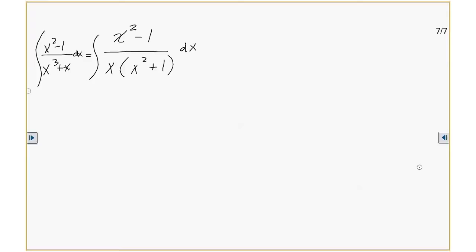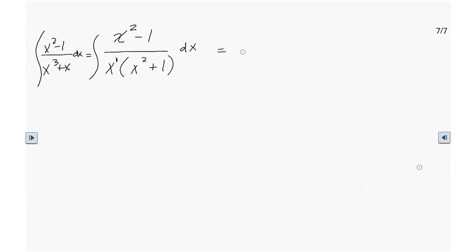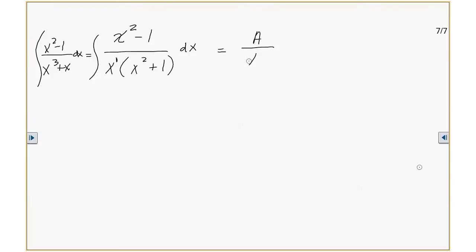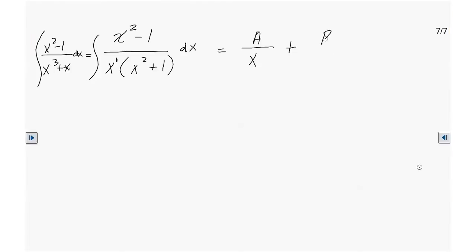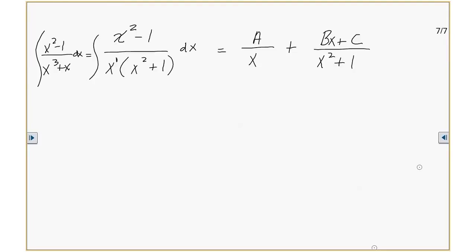You've got to write that quadratic with not b, but bx plus what? c. Because what is this one? That's a linear factor. So we're going to write it as a over x plus bx plus c over x squared plus 1. All right, now go to it.